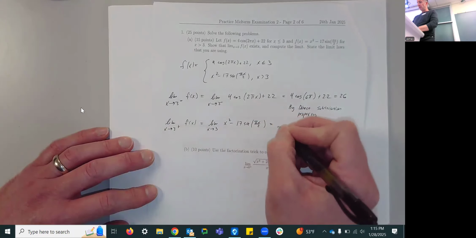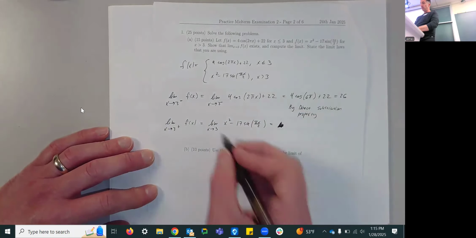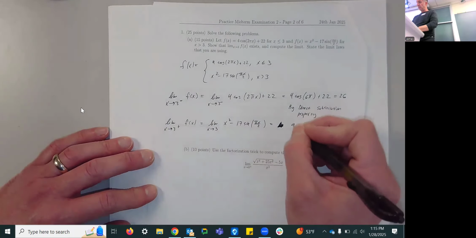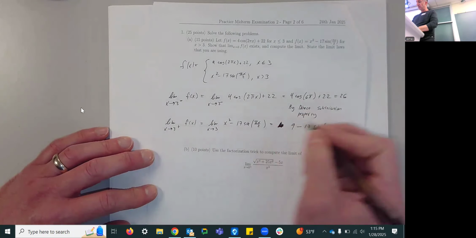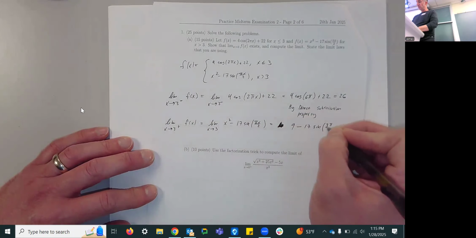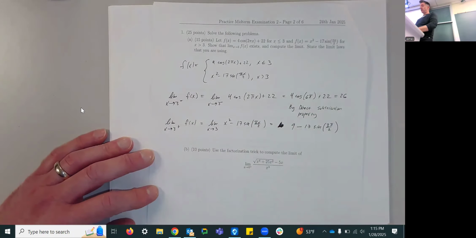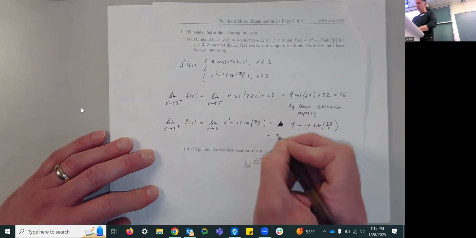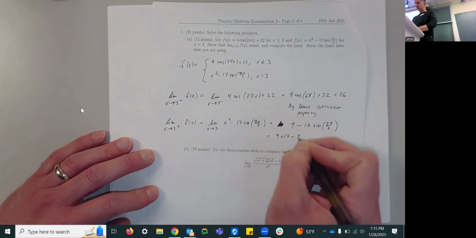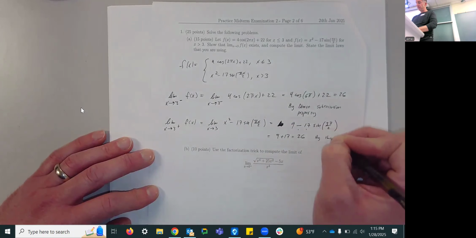I'm going to plug in, sorry, I'm not writing limit anymore. 3 squared is 9, so I get 9 minus 17 times sine of pi times 3 over 2. Sine of 3 pi over 2 is -1, so we get 9 minus 17 times -1, which is 9 plus 17, which also is 26. Again, by the direct substitution property.